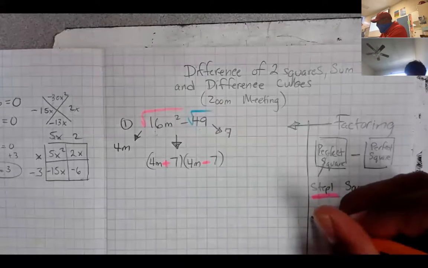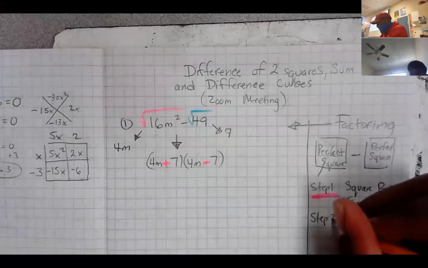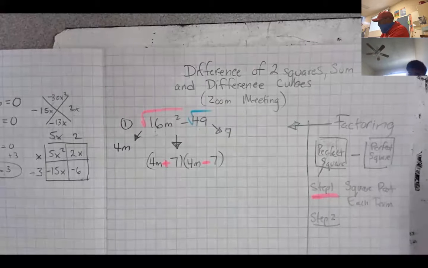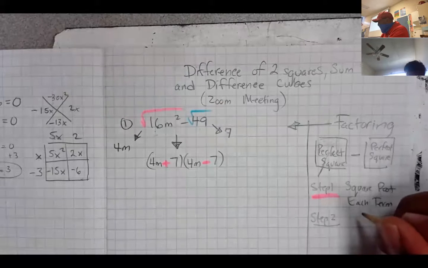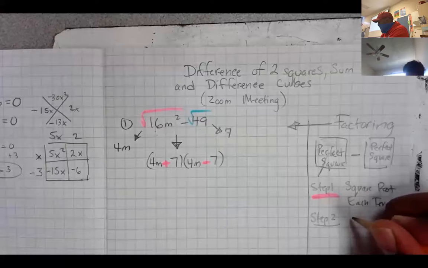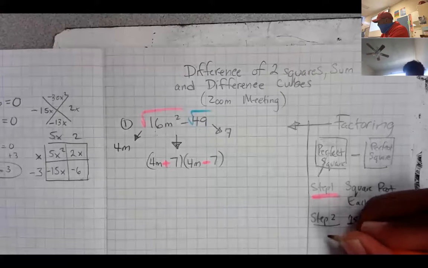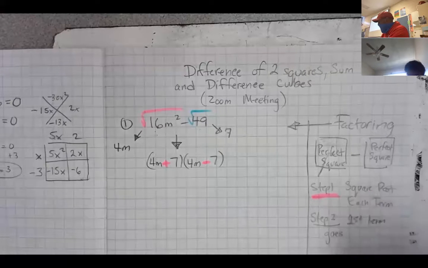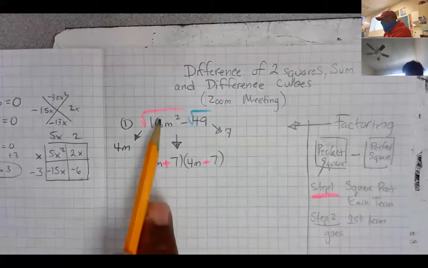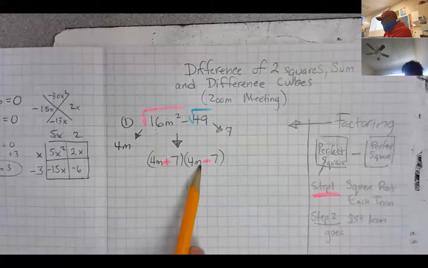Okay, so then step 2 is the first term goes first. In other words, the 4m, this first term goes first in each one.